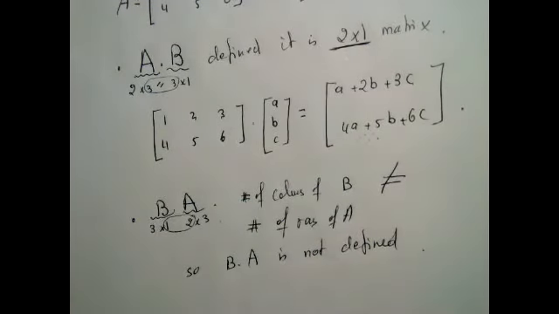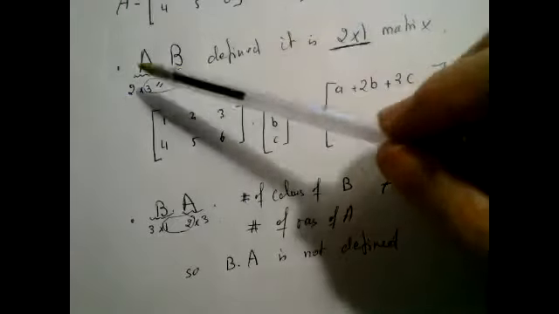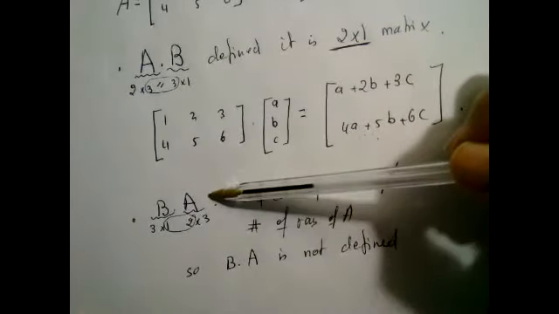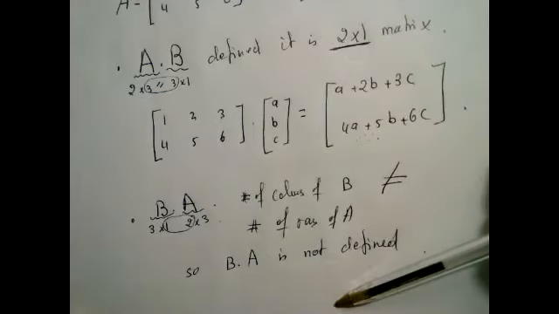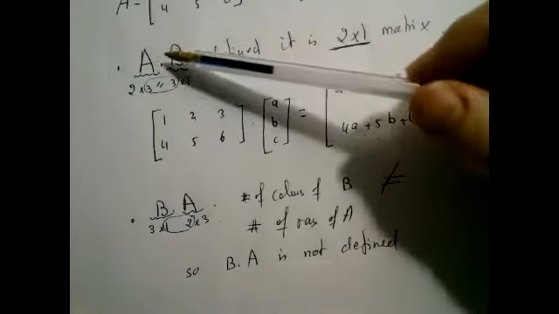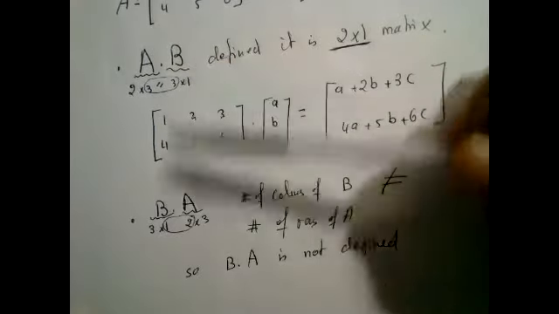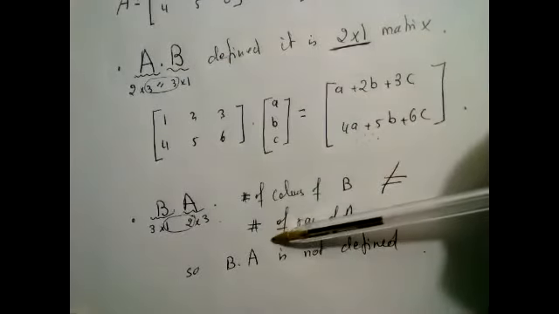Okay, so watch very carefully here. Multiplication is going to be a little tricky because A times B makes sense, but B times A absolutely doesn't make sense. So when I multiply matrices, the order in which I'm multiplying them is absolutely crucial.